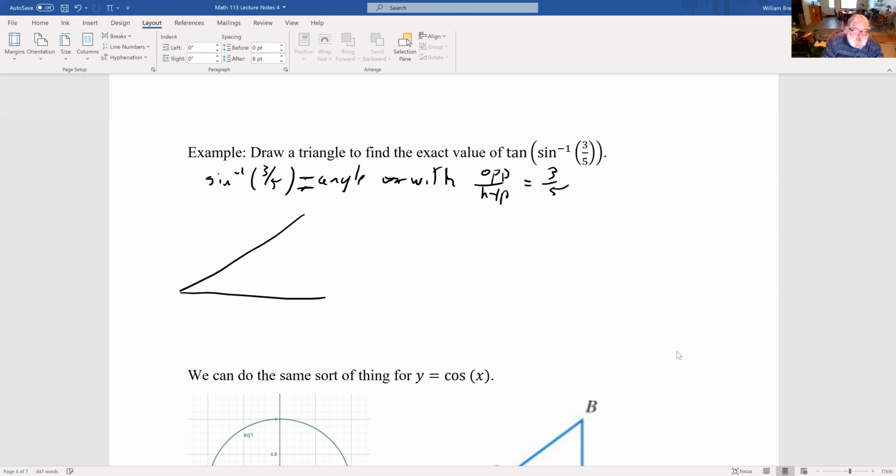So we can draw a triangle. Opposite is 3, hypotenuse is 5, A is the adjacent. The sine of that angle is 3/5.